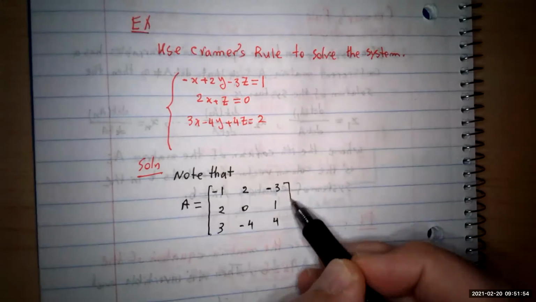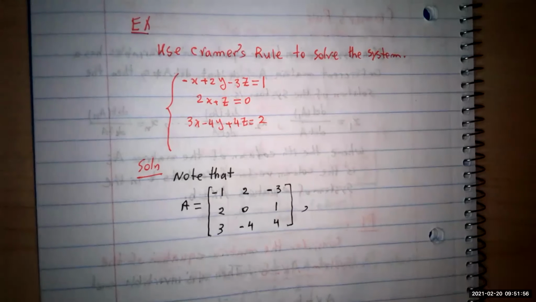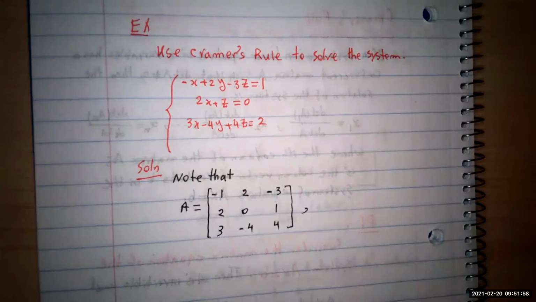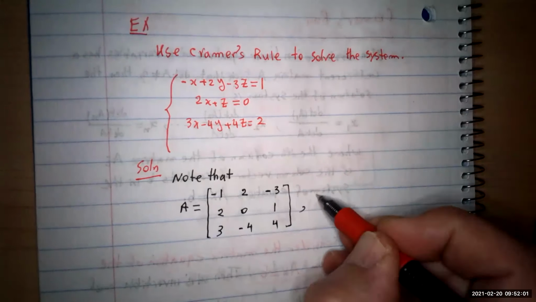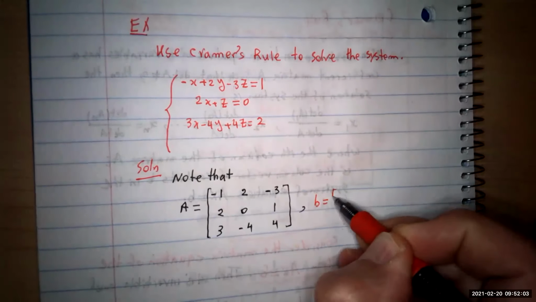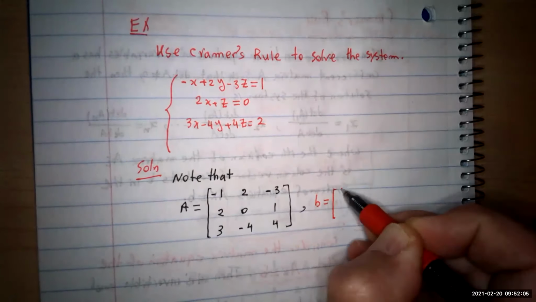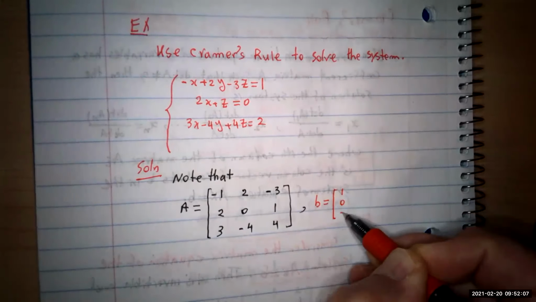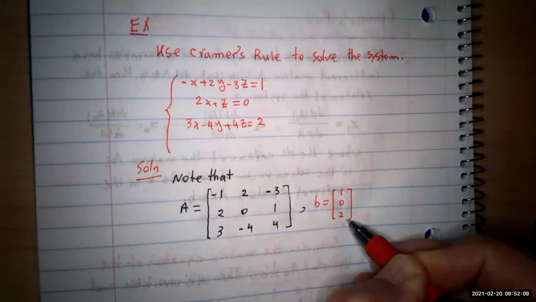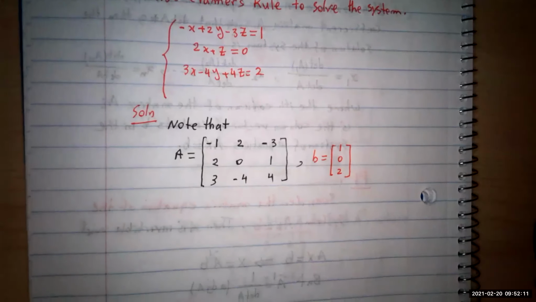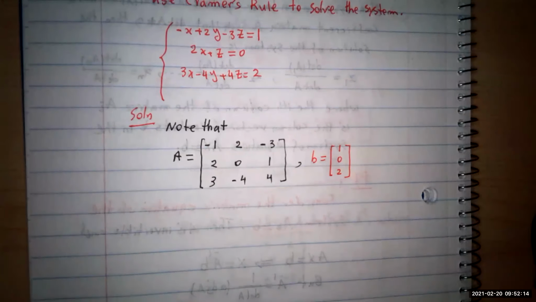This is going to be the matrix A. And the matrix of constants is going to be 1, 0, and 2. So that gives you the matrices.